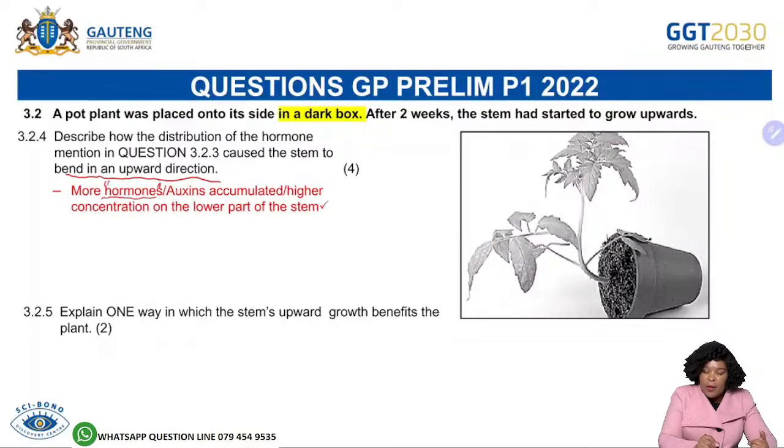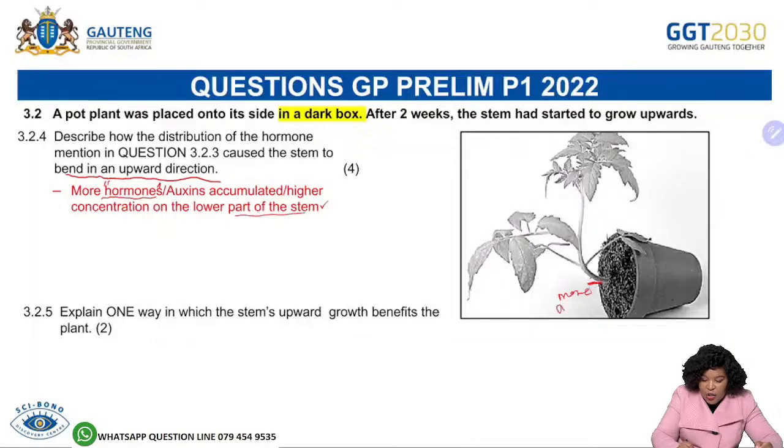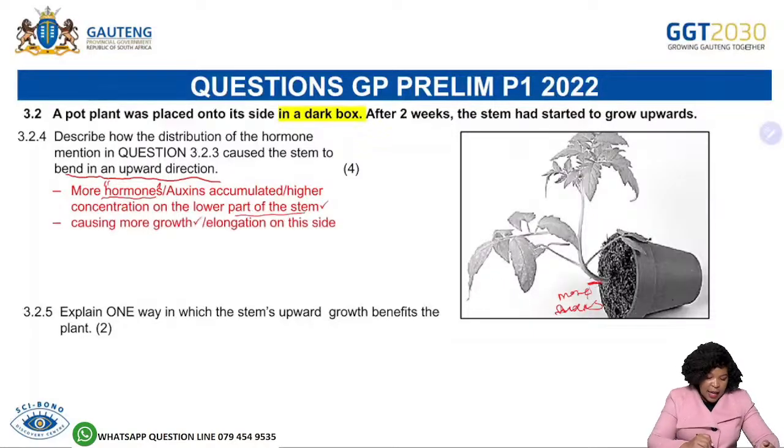So what is going to happen to those? They are going to accumulate, or have a higher concentration, on the lower part of the stem. You get a mark for just mentioning that. And then when there is more concentration of auxins, remember your notes, it is going to cause more growth or elongation on that side.